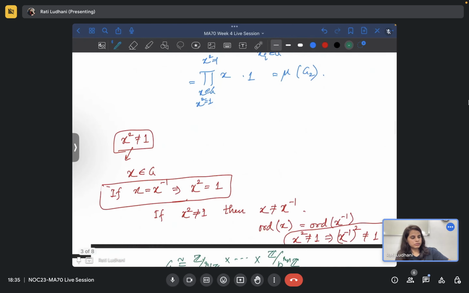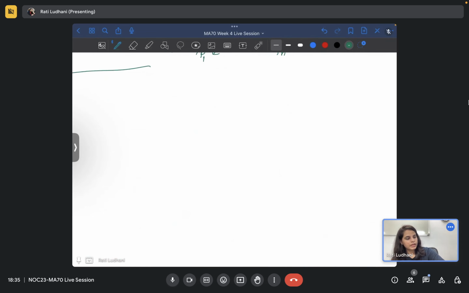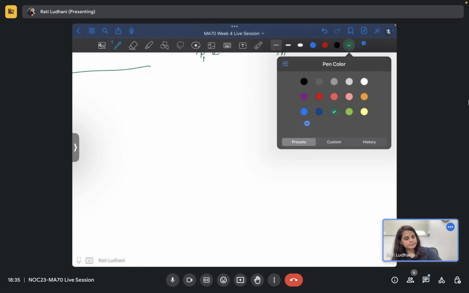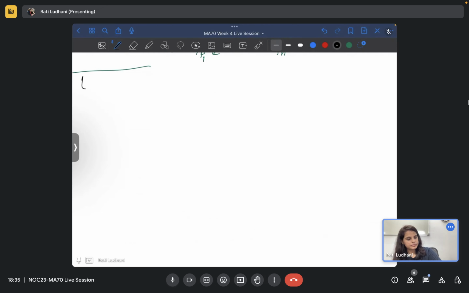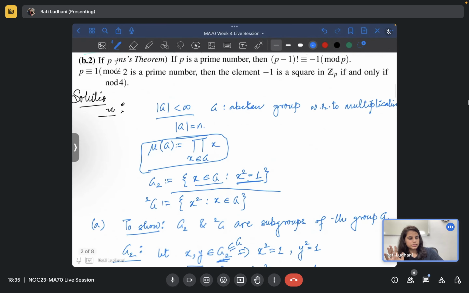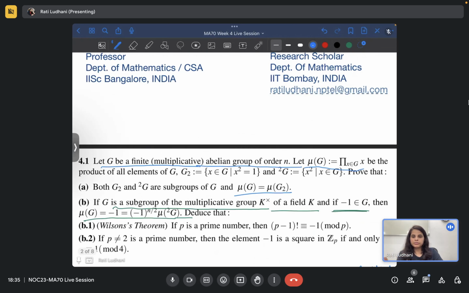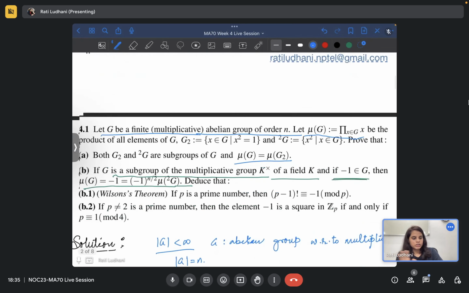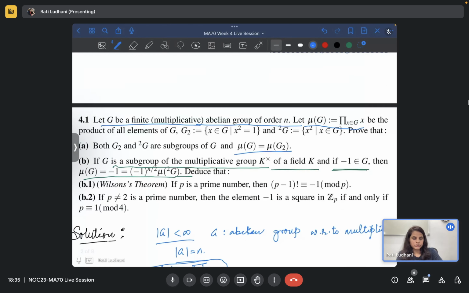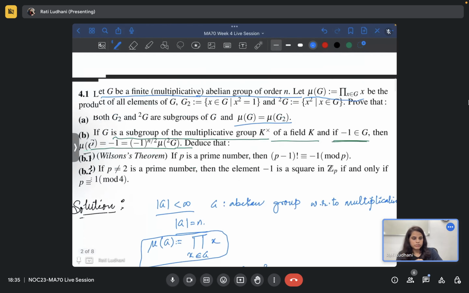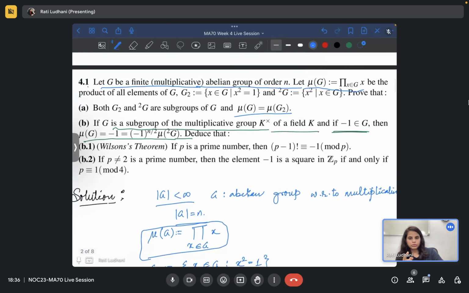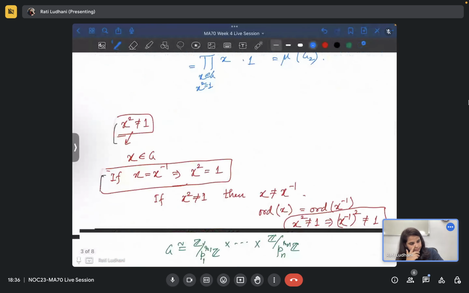What does this say? Part B. G is given, and we already know G is a finite multiplicative abelian group of order n. This is also the condition for part B, because this assumption has been made for the whole question.